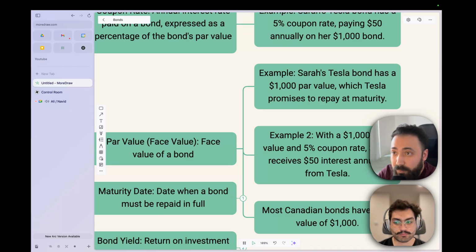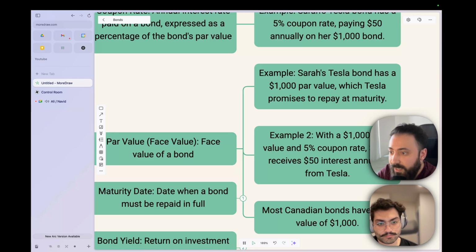What does par value mean exactly? Let's jump into example 2. With a $1,000 par value and 5% coupon rate, Sarah receives $50 interest annually from Tesla. This is the yearly interest, because we are calculating the 5% coupon rate annually.